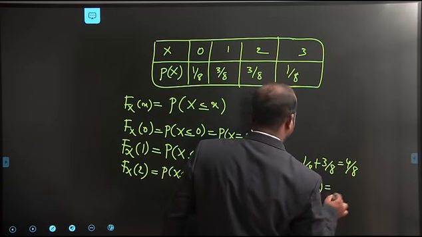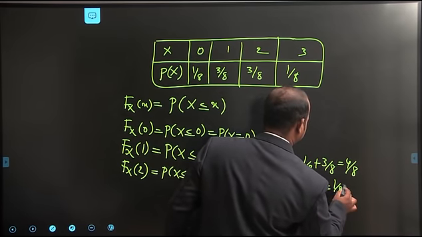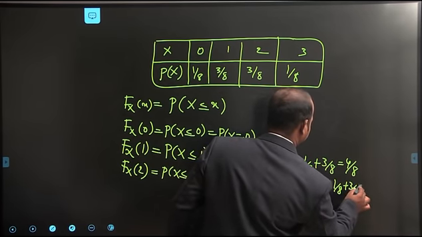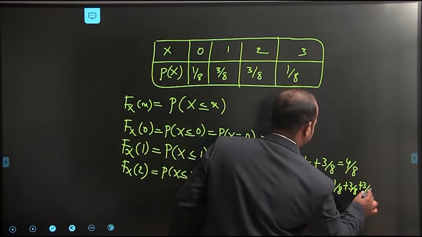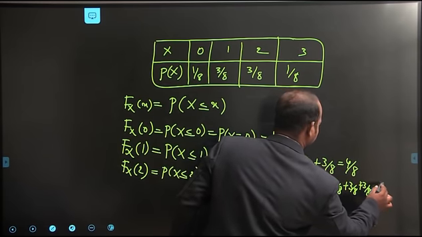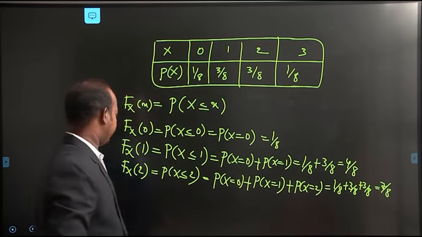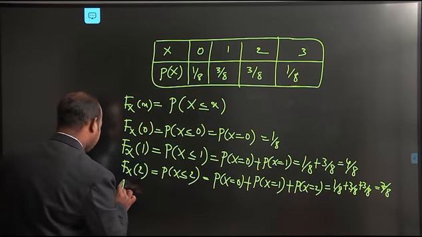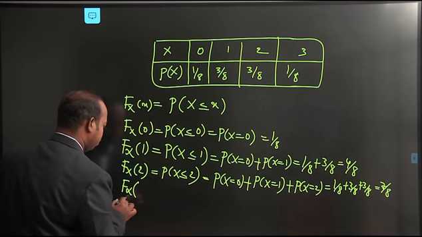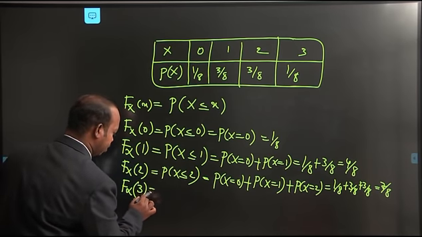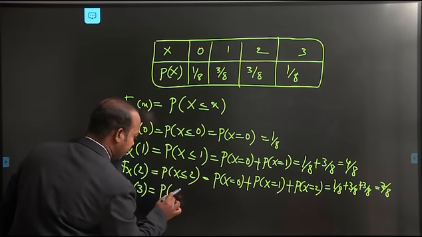Those values are 1 by 8 plus 3 by 8 plus 3 by 8, which is equal to 7 by 8.